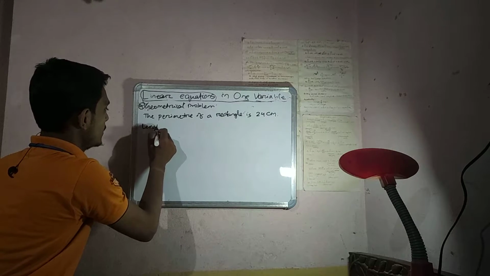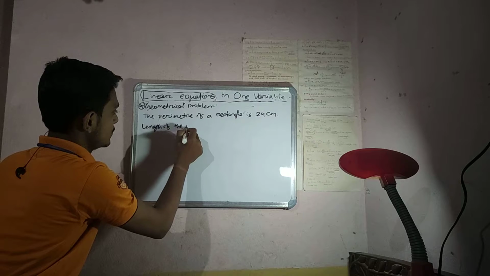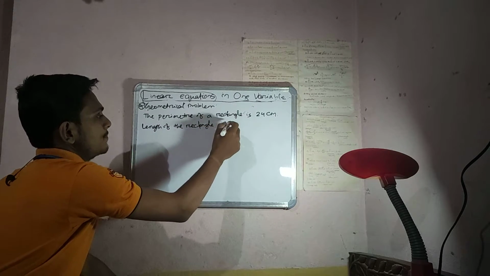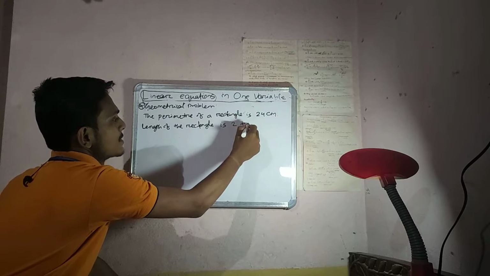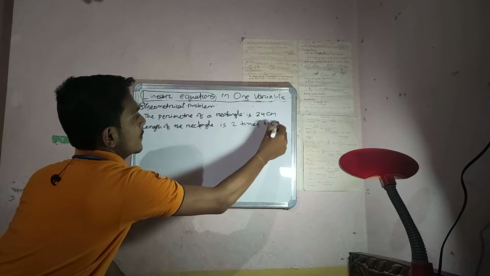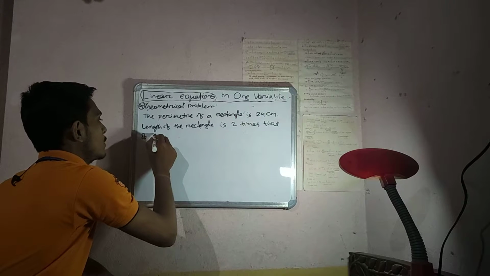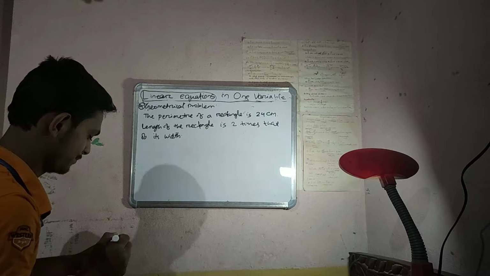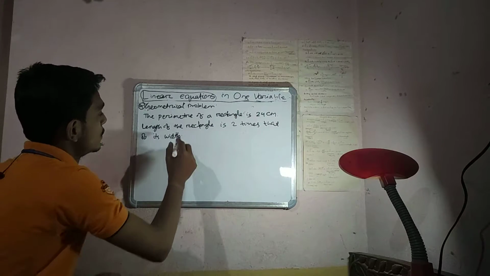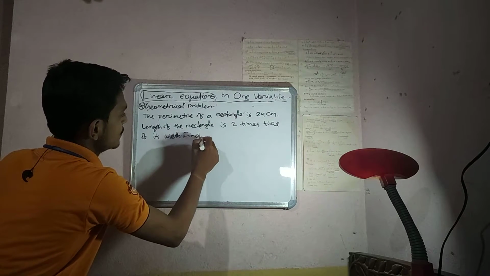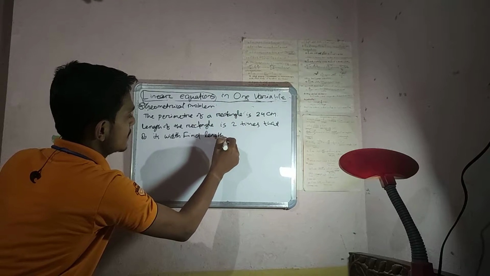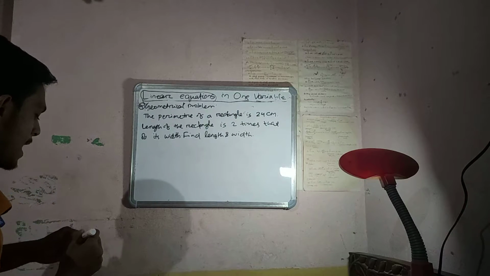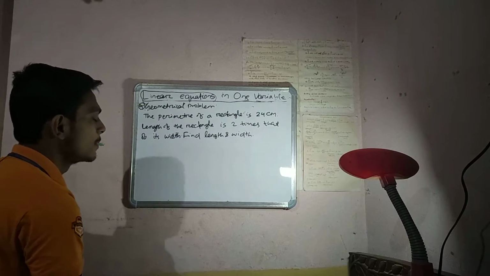The length of the rectangle is 2 times that of its width. Okay. Find the length and width. Okay. How can the problem be solved?